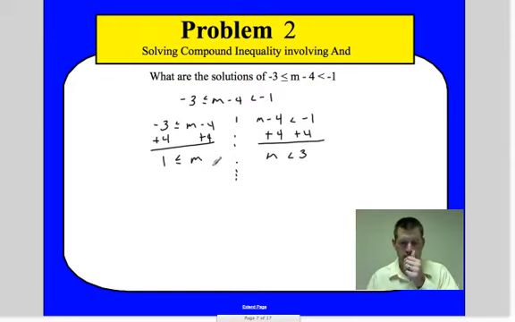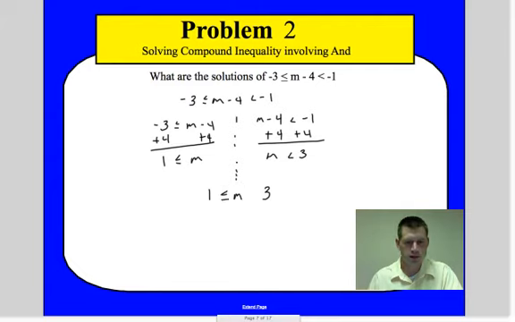So what we get is 1 is less than or equal to m, and m is less than 3. So I can bring this back together. Again, I'm going to put the 1 here because it's the smallest, the 3 on this side because it's the largest, and my variable in the middle.